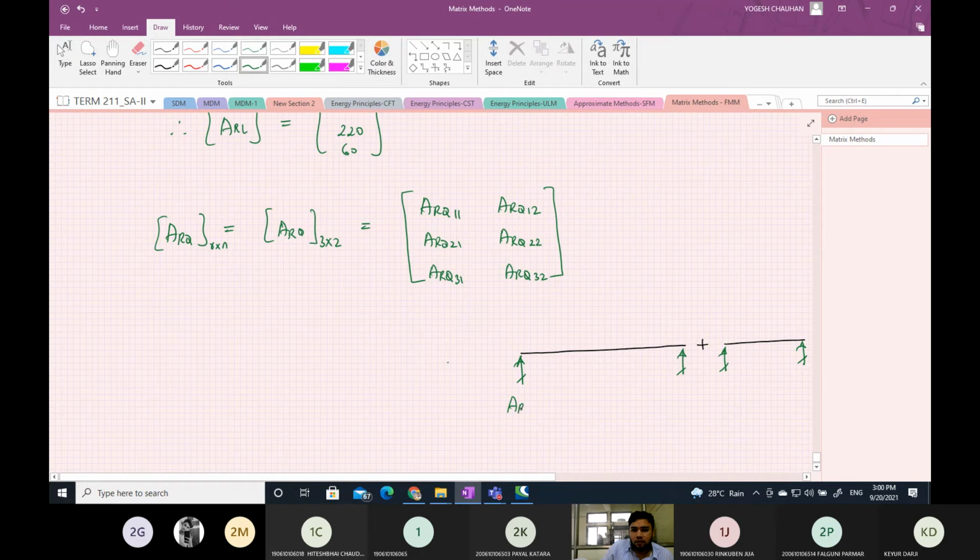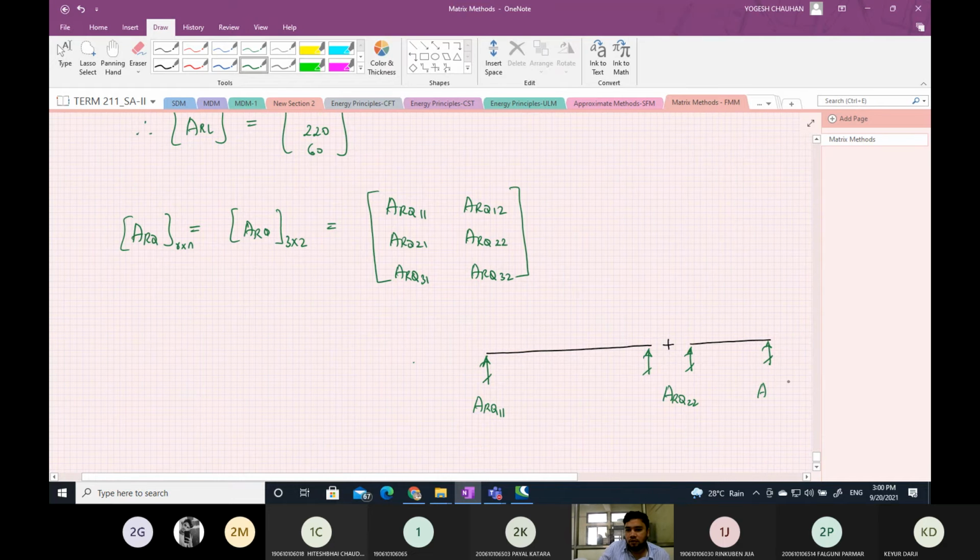This will be your ARQ11. Sum of these two will be ARQ22, ARQ31. This is 21. Okay, and we have applied this 1 kilonewton meter.